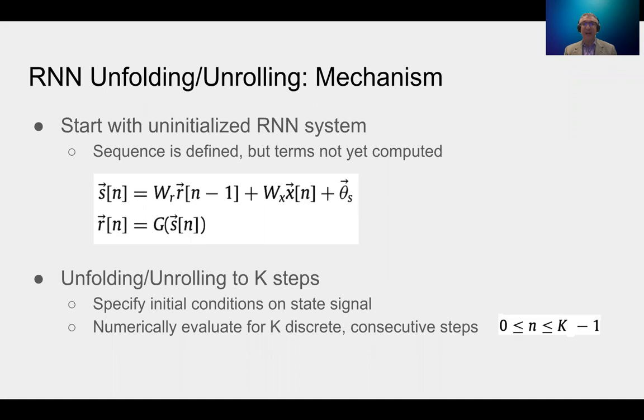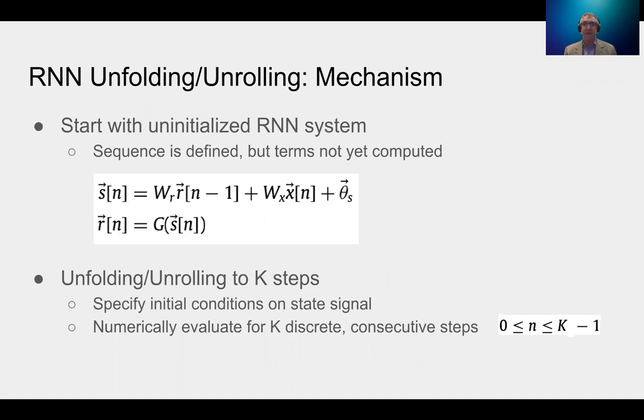The actual RNN unfolding or unrolling mechanism is equivalent to evaluating the recurrent neural network for a given finite number of steps.